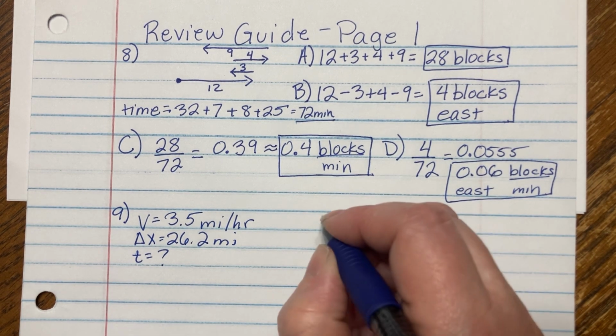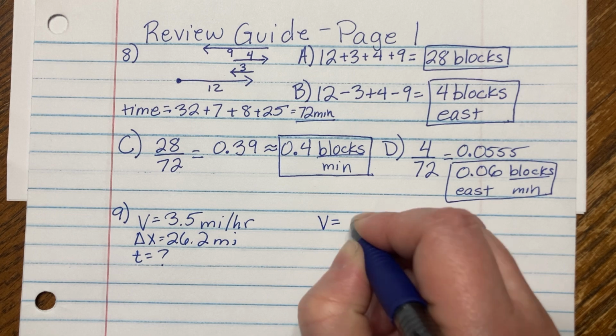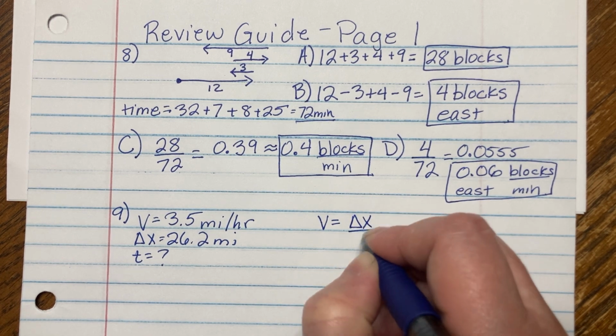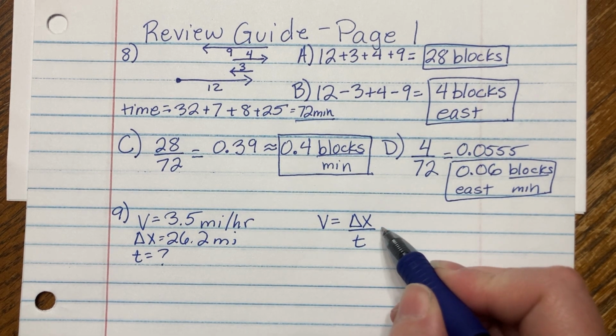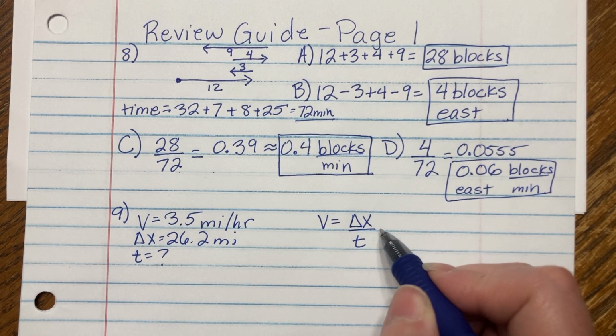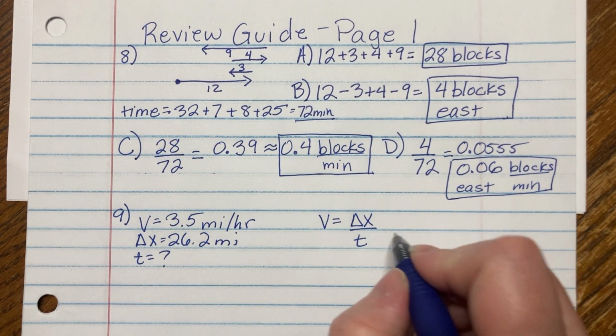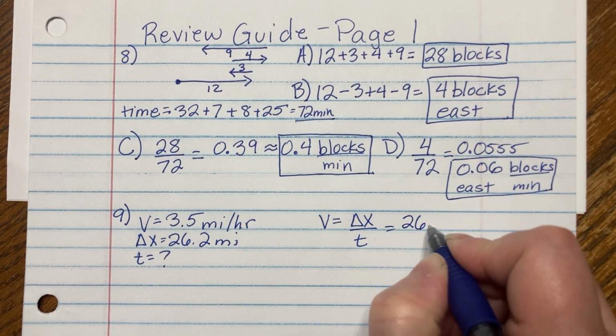Now, because we're not accelerating, we can use the definition of velocity, which is distance over time. Again, if this was accelerating, we could not use this. So only use this for average velocities or anything that's constant velocity. So here, I'm going to put my 26.2.